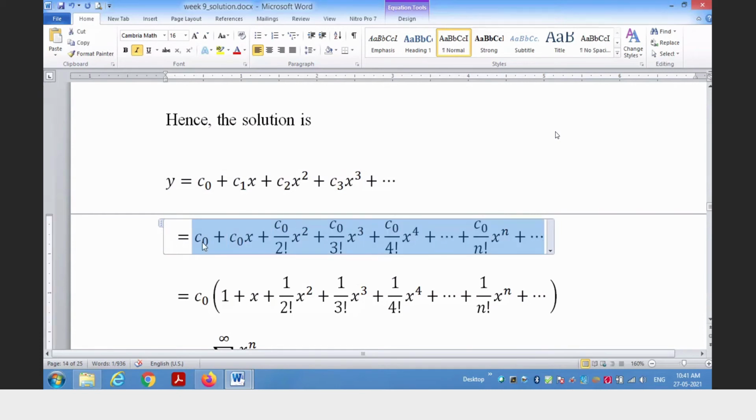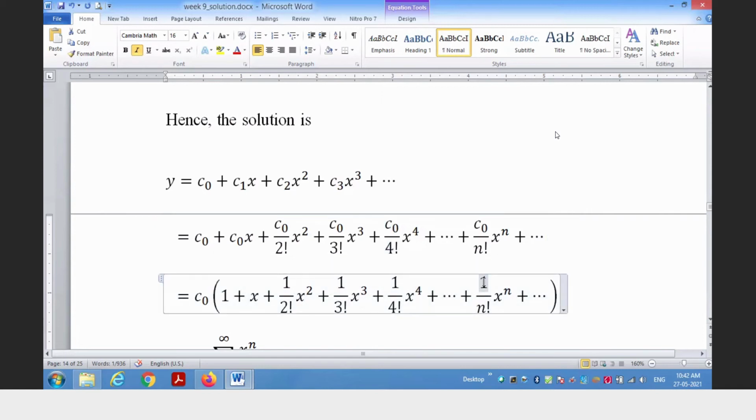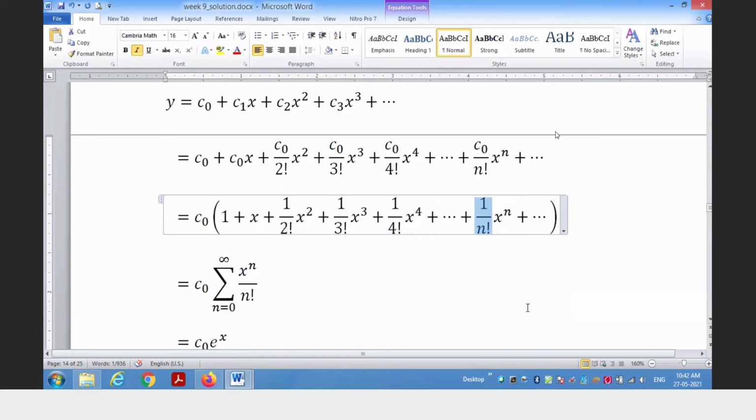The common term is C0, so take C0 out. Then we have 1, because to get C0 we multiply C0 with 1. To get the second term we times C0 with x, and then here with 1 over 2 factorial, here with 1 over 3 factorial, this one with 1 over 4 factorial, and this one will be 1 over n factorial, and so on.